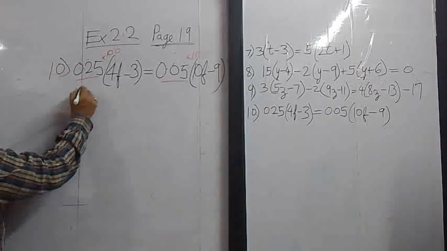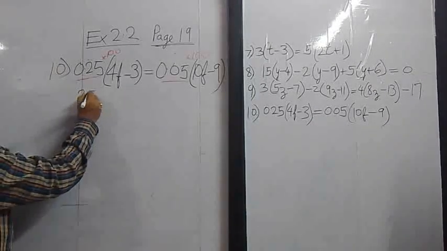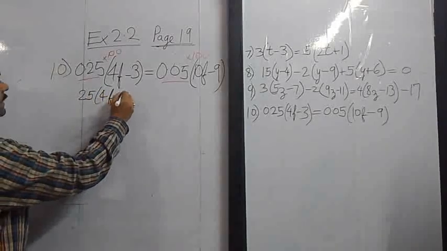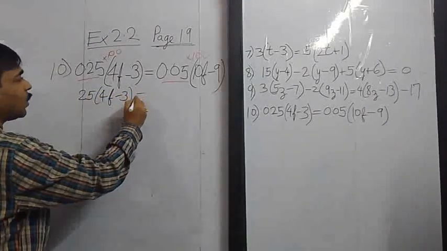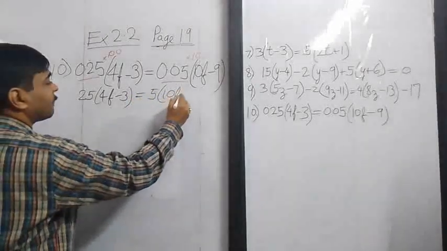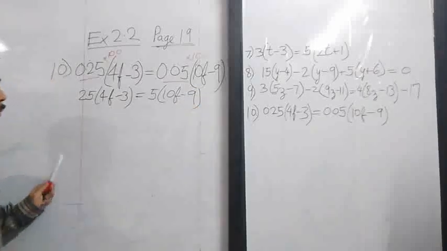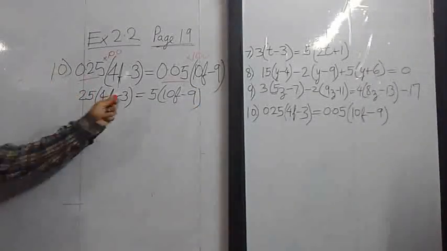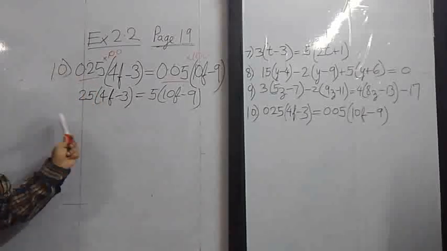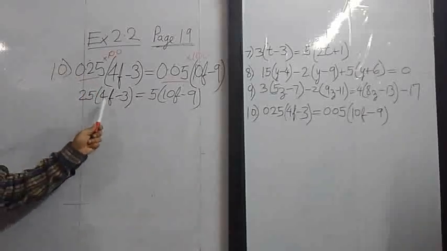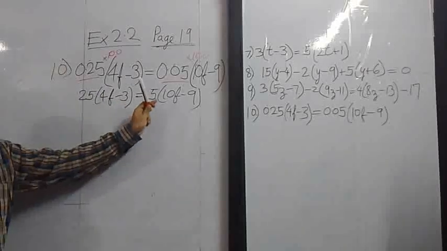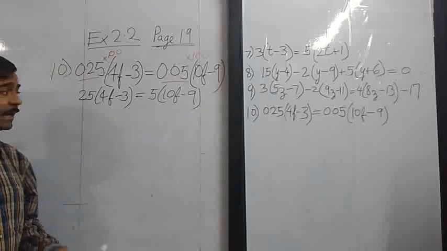So I would say this is nothing but 25 times (4f minus 3) equals 5 times (10f minus 9). Within one step, I have tried to remove the decimal sign successfully, and we have made the equation as 25 times (4f minus 3) and 5 times (10f minus 9).